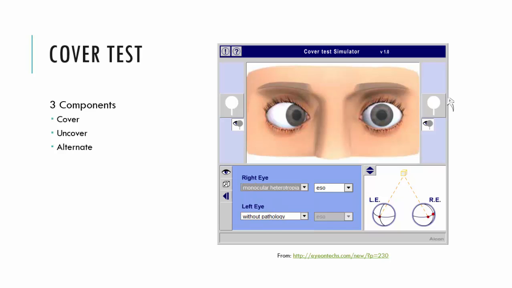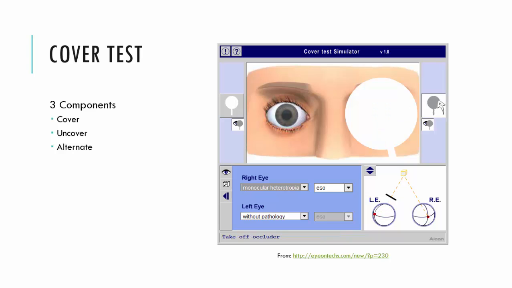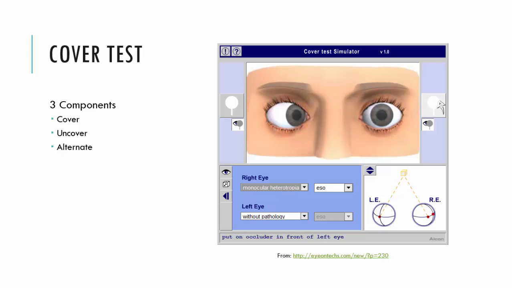If we move on to perform the uncover component, what will we find? So let me cover this eye, and when we're looking at the uncover component, what we're now interested in seeing is what happens under the cover. So let's have a look. Okay, what do we see there?